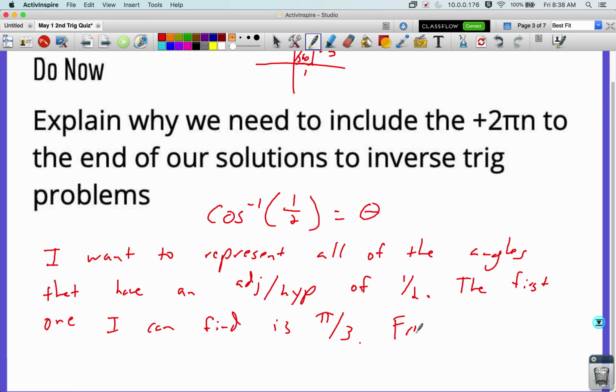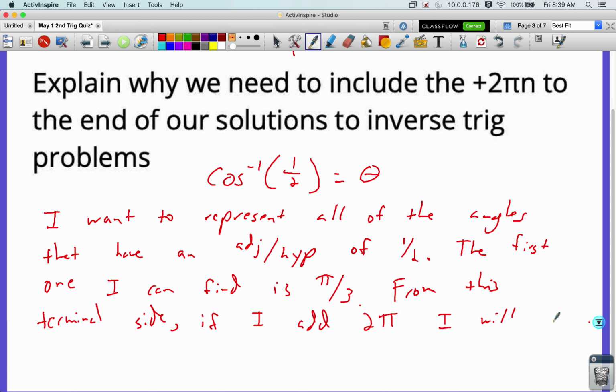From this terminal side, if I add 2 pi, I will return to the same spot.